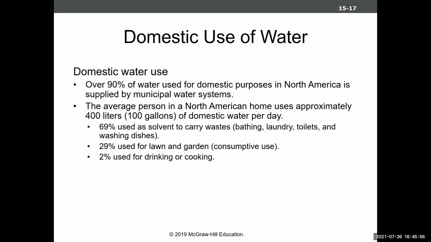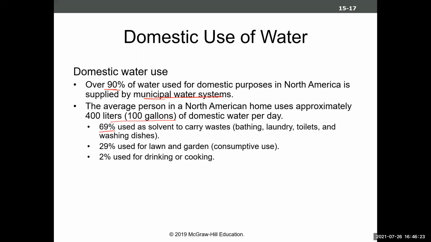And so the different ways that we use water, we're going to go over in the next couple of slides. First is the domestic use of water. Over 90% of the water used for domestic purposes in North America comes from municipal water systems. On average, an individual in North America uses about 100 gallons of water per day.